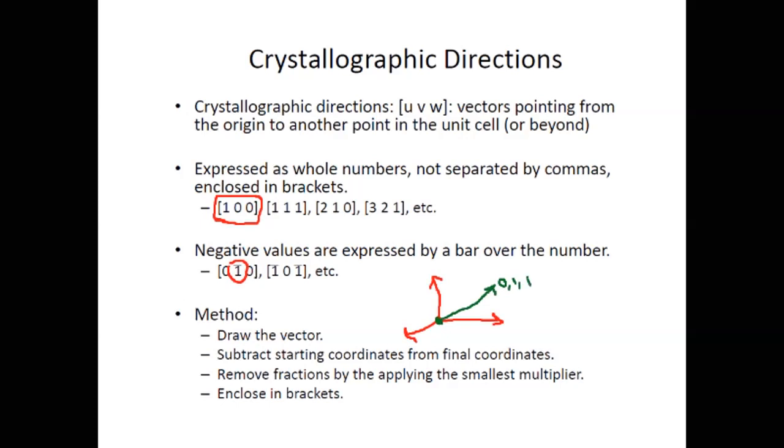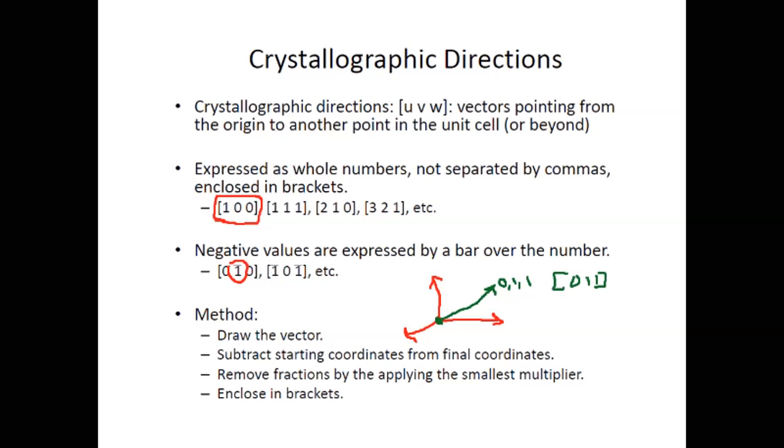So then this would be the direction [0 1 1], because we started from the origin. So if you start from the origin, the direction of the vector is very easy. It's just where your final coordinates are.